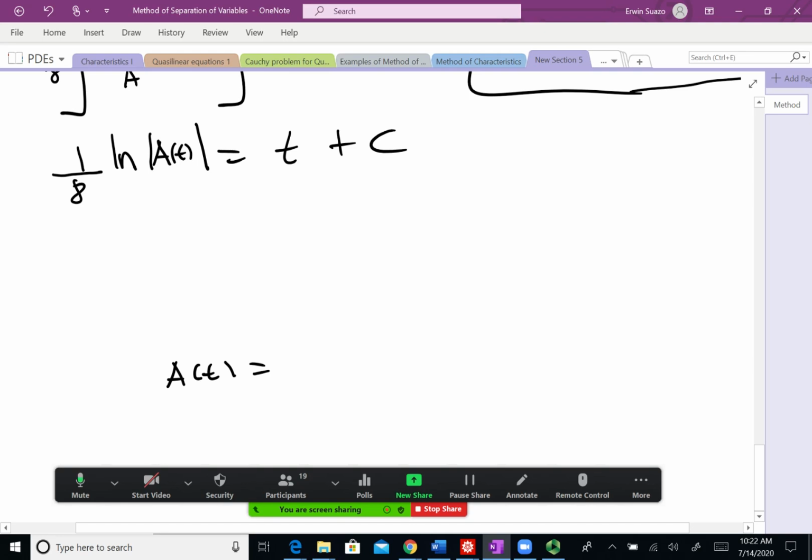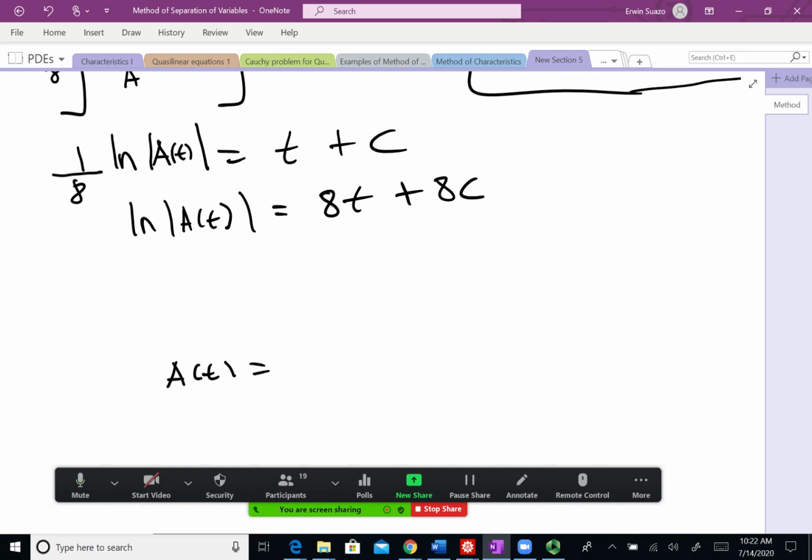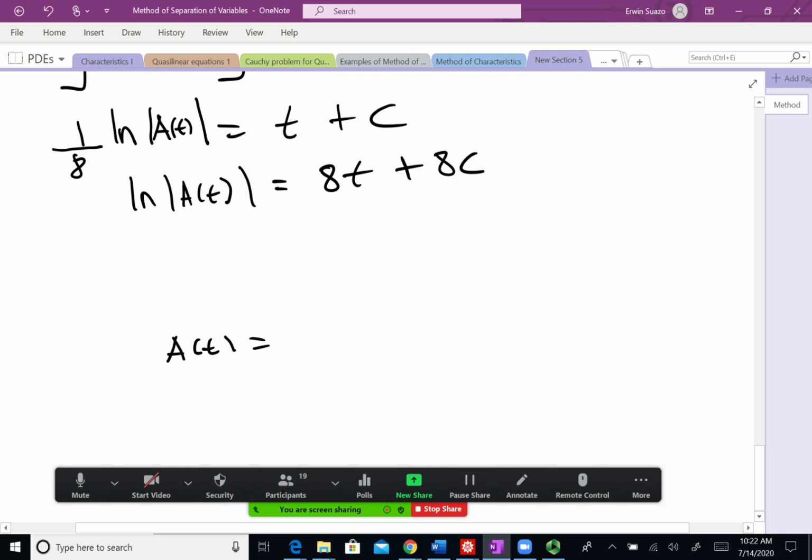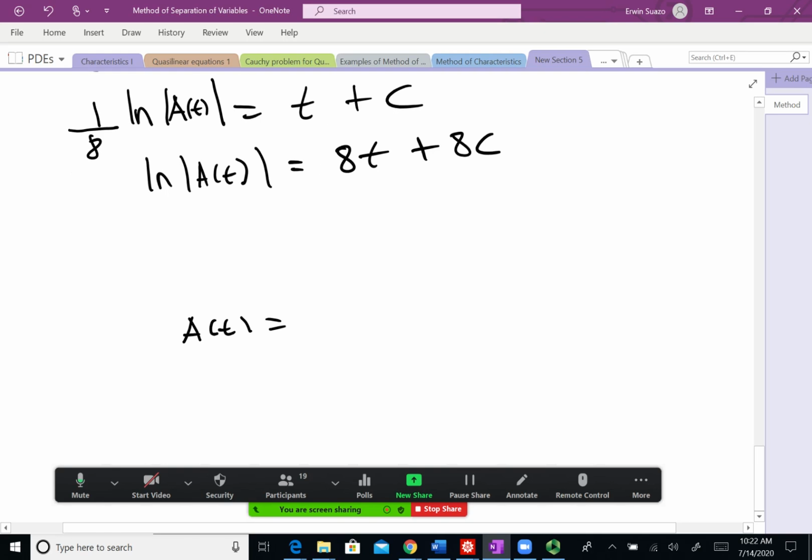How can I solve this for A of t? Yeah, there you go. You multiply times 8, then you get 8t plus 8c. You don't worry about this 8c. At the end, a constant times 8 is just another constant. So you don't worry about those constants. Nobody cares.